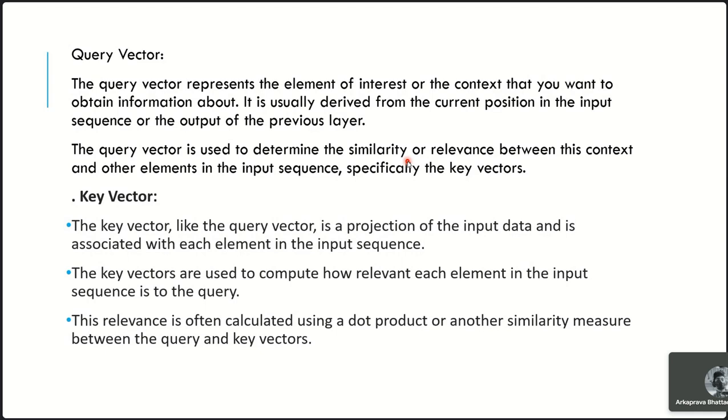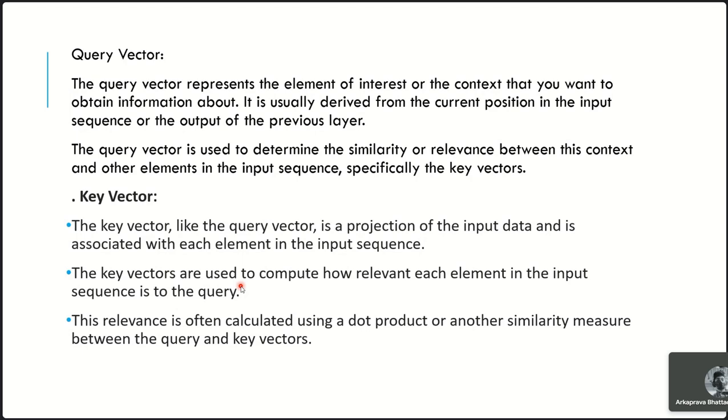So what are key vectors now? Key vectors are like the query vector, but it is the projection of the input data and is associated with each element in the input sequence. And they are used to compute how relevant each word in the input sequence is to the query.